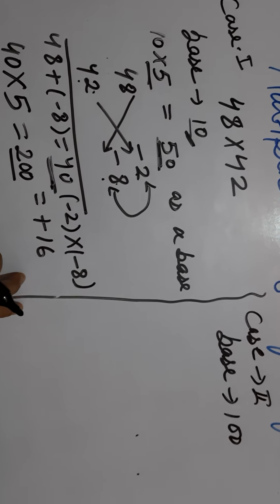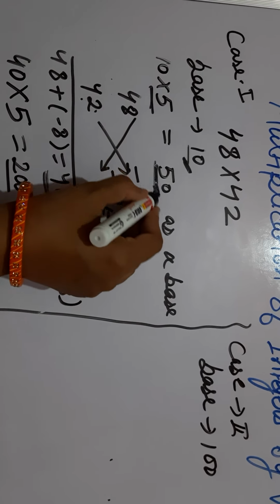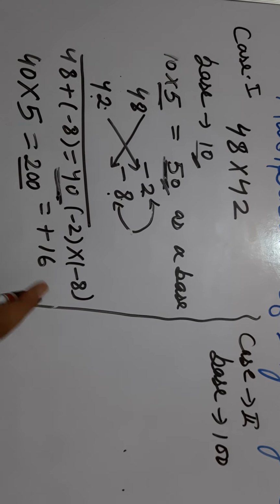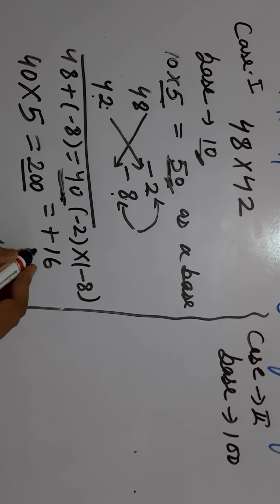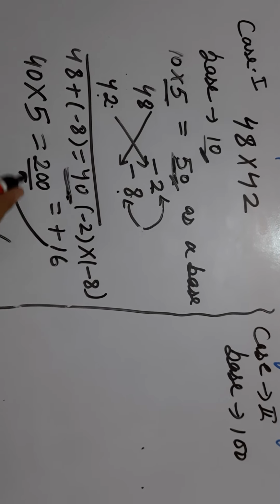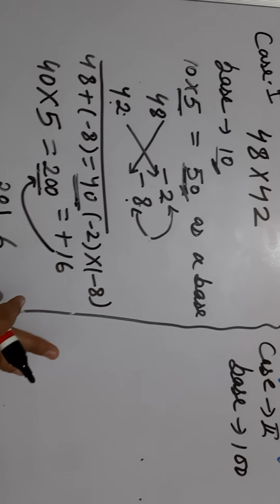We get 200. Here the base value has only one zero, so we take only one digit from here. One digit is 6, and we put the 1 to the 200. So 200 plus 1 is 201.